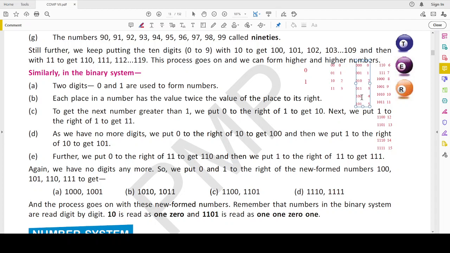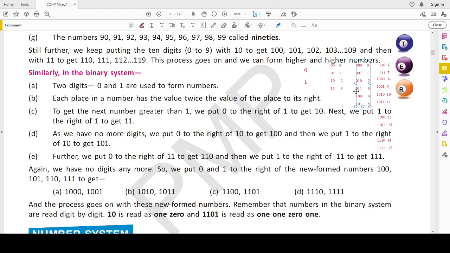Next, to represent a 4, we need a 1 over here and 00 over here, because we have finished all the representations using 2 bits. There are no more representations available with 2 bits.